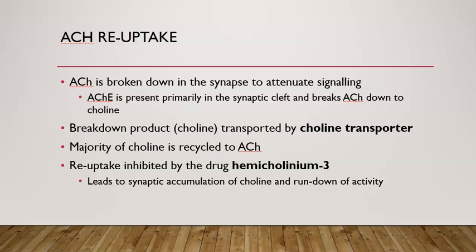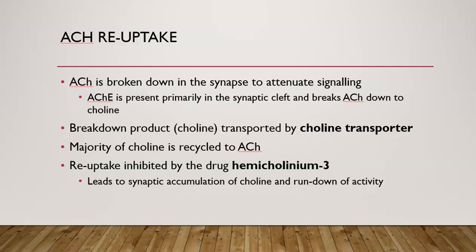Now, we can block the reuptake of the choline by using the drug hemicholinium-3. What this does is it leads to the synaptic accumulation of choline and a rundown of activity. In other words, the choline gets stuck in the synapse, so it can't get back into the cell. It can't go on to form more acetylcholine, so the synthesis of acetylcholine slows down.